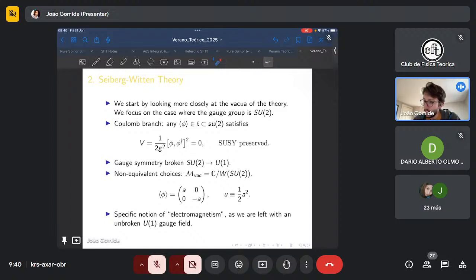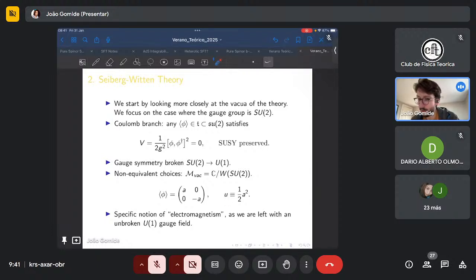Okay, so for SU(2), at the end of the day, you take this to be your vacuum configuration. Your gauge symmetry is broken from SU(2) to U(1). You are left with a U(1) gauge theory, so you have some sort of electromagnetism still. And the coordinates for the vacua will be this u.